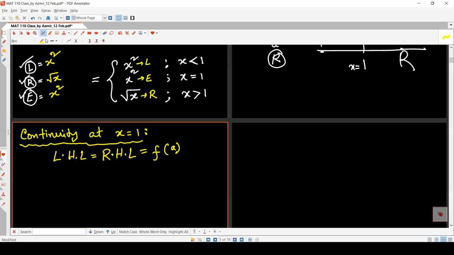So if we compare x equals a with x equals 1, then you can easily understand that the value of a is 1.